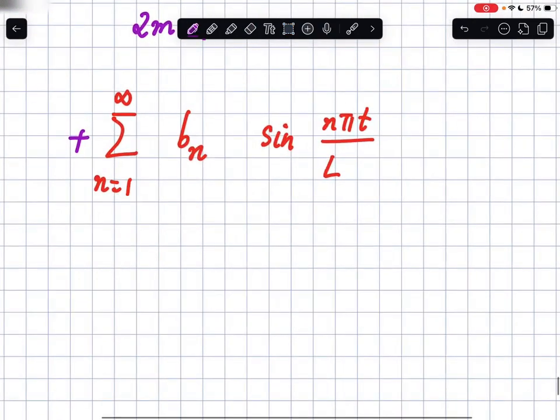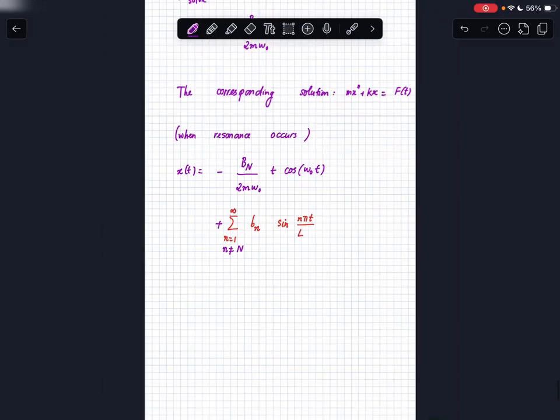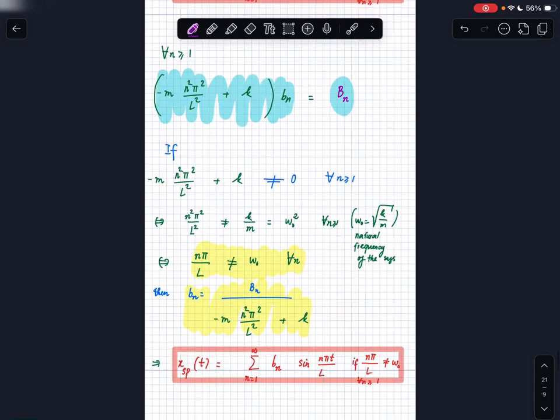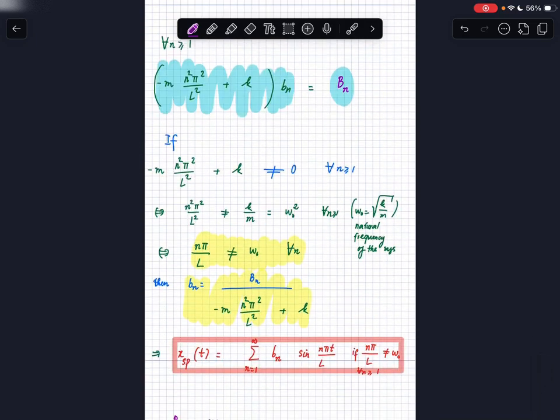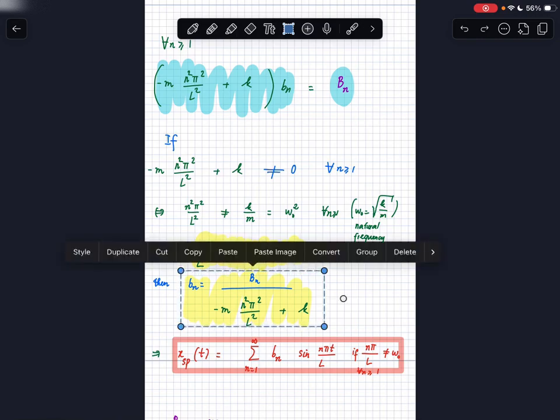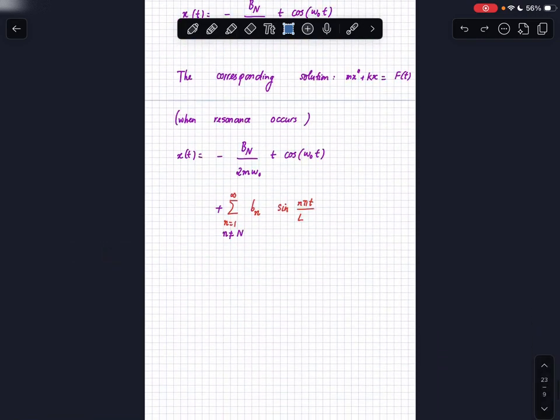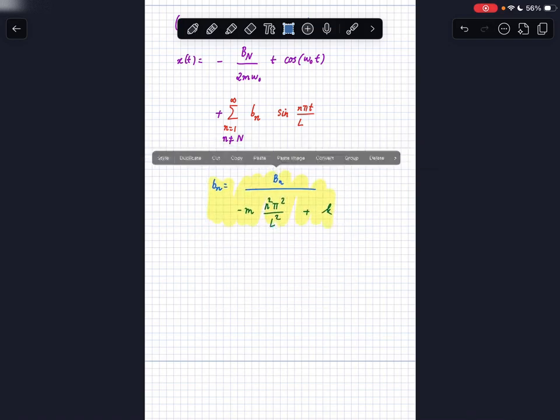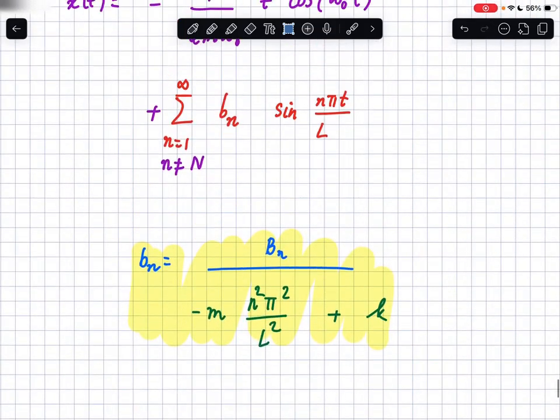So for all n different from big N, B_n we computed before. B_n is given by this one. So I can plug in there, B_n equal to this part.